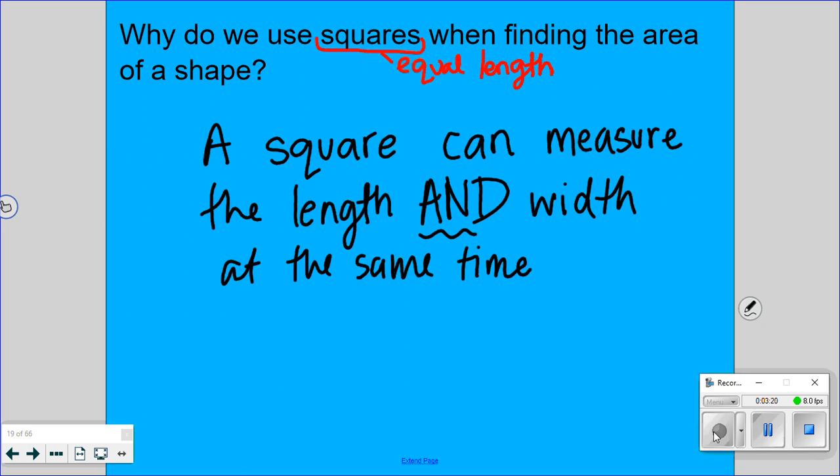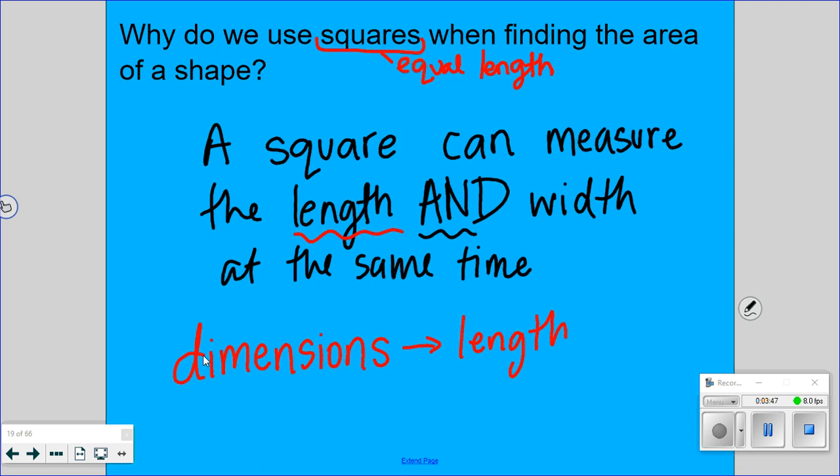Mason? Like the length, like how many units the length and width is? Close. It's how many ways we can measure. So in 2D shapes, which is what we're measuring in third grade, we have 2 ways to measure. We can measure the length, and we can measure the width.